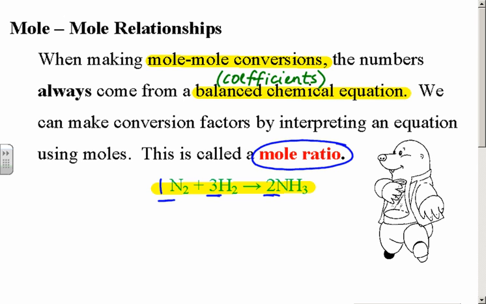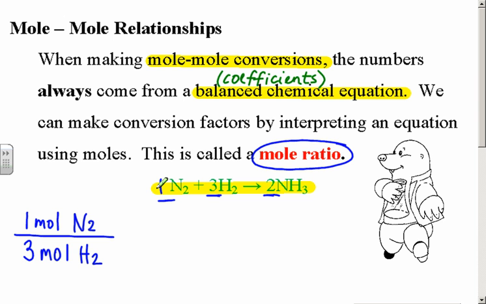Mole ratios consist of the numbers of moles of two substances written in a ratio. For example, for every 1 mole of nitrogen, I would need 3 moles of hydrogen. Remember that mol is the abbreviation for the mole, so it's not that I'm spelling it wrong here, that's just the abbreviation for it. I could make a couple other mole ratios here.